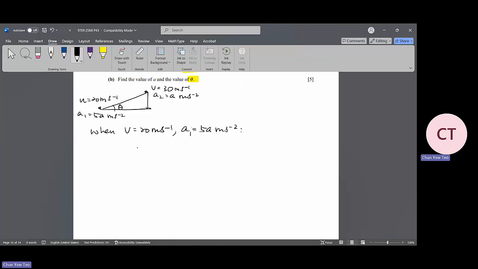So your driving force will be 62,500 divided by 20, minus kv², is equal to 2,500 multiplied by 5a. Oh, I forgot, there's one more resistance over here, because you're going up the hill.